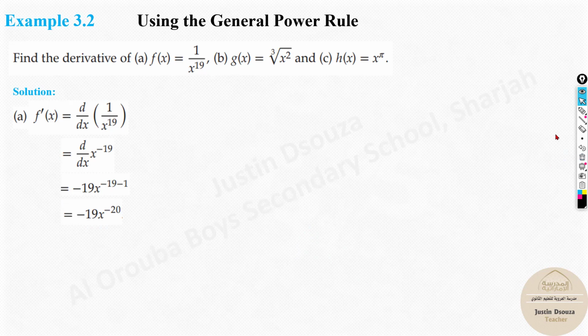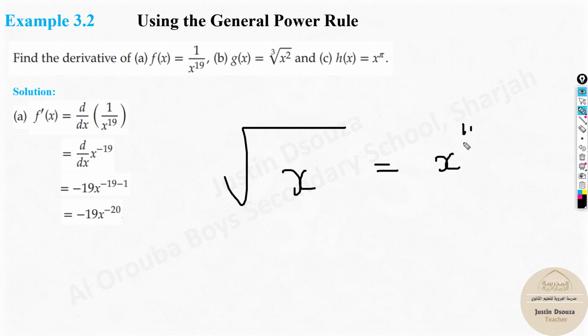What about the next one over here? It is a root, isn't it? Now, what is square root x in terms of power? I don't want square root x like this in the radical symbol. I want it in terms of exponent, power. What is it? You might remember it is x to the power 1 by 2.